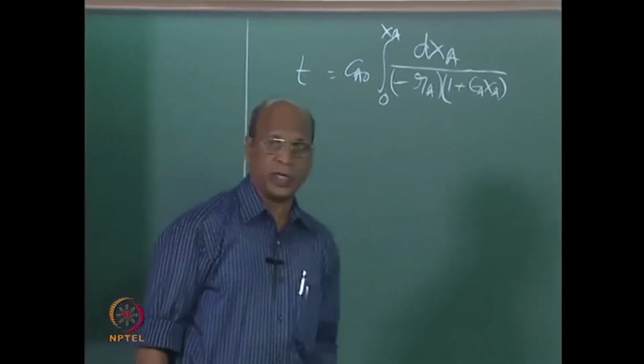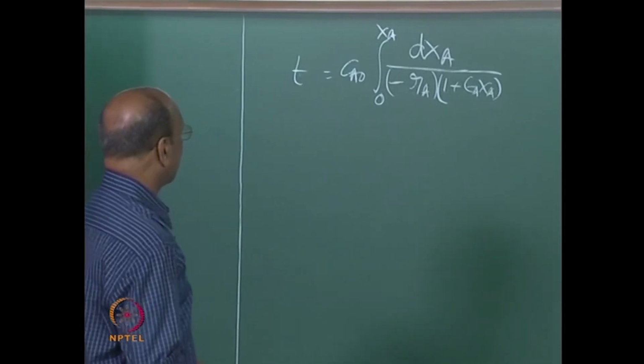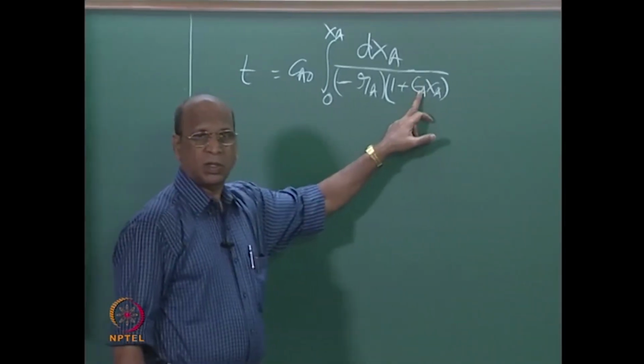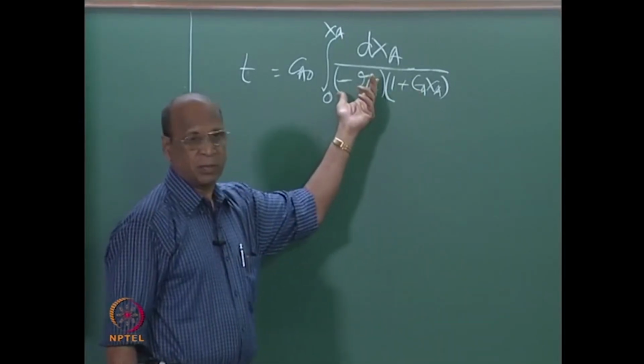That V equal to V_0, I think we will also discuss later. So, this is the general expression. If it is constant volume, then epsilon equals 0. So, this becomes 1 and this becomes simply minus r_A.